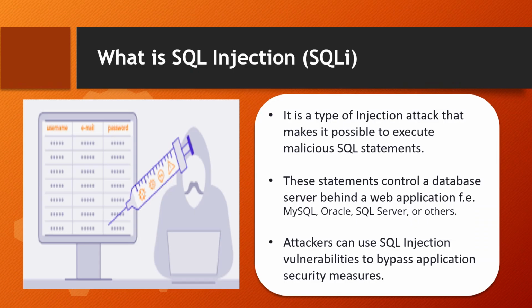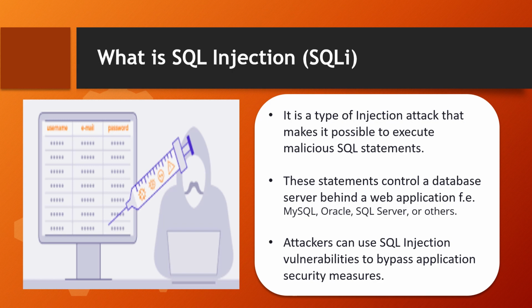So what is SQL injection? It is a kind of attack that makes it possible to execute malicious SQL statements. The user or the attacker uses some kind of SQL statement to view unauthorized data, which he is not authorized to view.